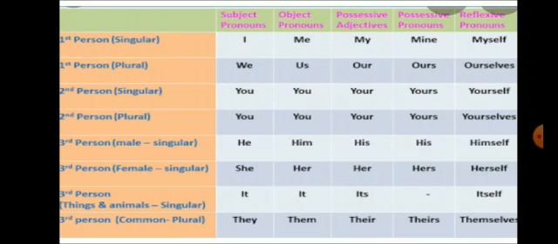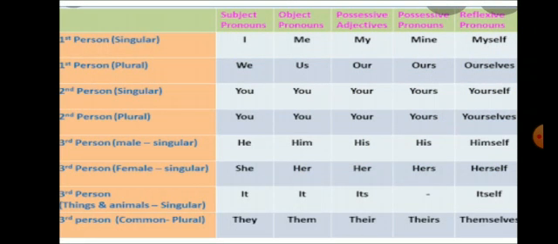Now third person singular, for things and animals, as a subject it is it, and as an object also it is it only, but its is not a pronoun, it is an adjective. And third person plural, which is common for everyone, that is they as a subject, them as an object, their as possessive adjective, and theirs as possessive pronoun.